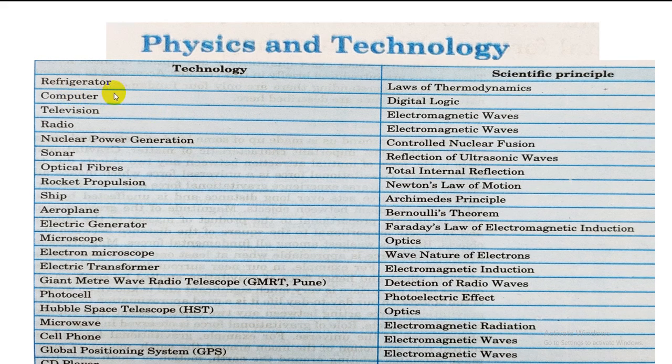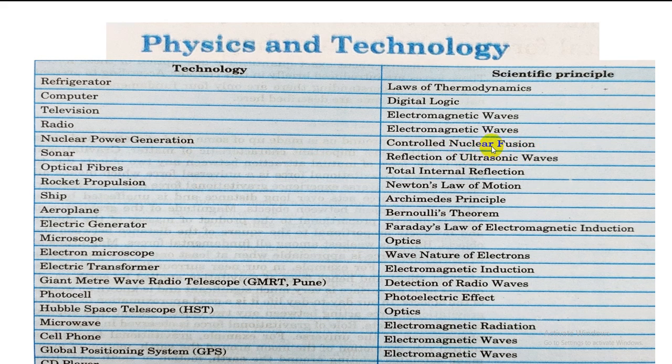Like the refrigerator, which is based on the laws of thermodynamics. Computer, based on digital logic. Television, based on electromagnetic waves. Radio, also electromagnetic waves. Nuclear power generators, controlled nuclear fusion; it is a fission reaction.